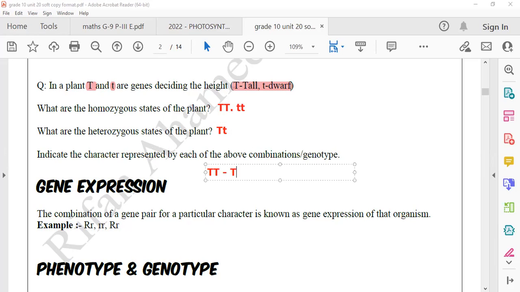A tall plant, correct? If it is capital T, simple t, what kind of plant are you expecting? Tall plant. If it is simple t, simple t, what kind of plant are you expecting? Dwarf plant. Understood? Yes, sir. Complete it.